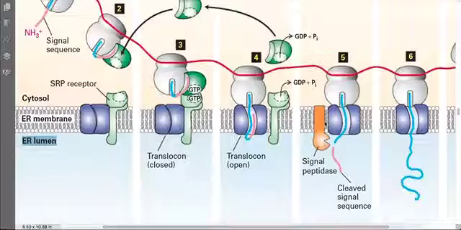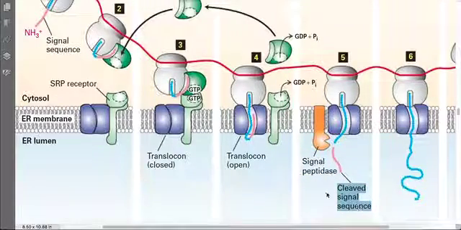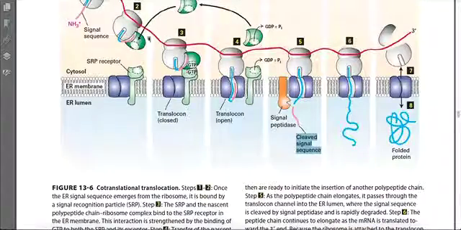lumen, and the membrane bound signal peptidase cleaves the signal sequence. Remember, in my last lecture, with reference from Lehninger, I told you the cleavage point is always on the C terminus of glycine and alanine.